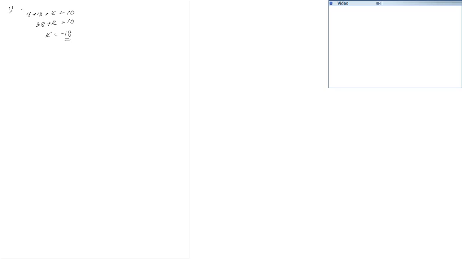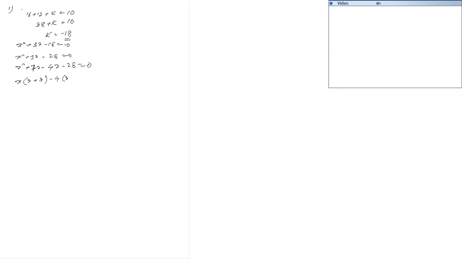We have x square plus 3x minus 18 is equal to 10. So x square plus 3x minus 28 is equal to 0. This can be factorized as x square plus 7x minus 4x minus 28 equal to 0. So x I can take common, I'll have x plus 7, and again minus 4 common.